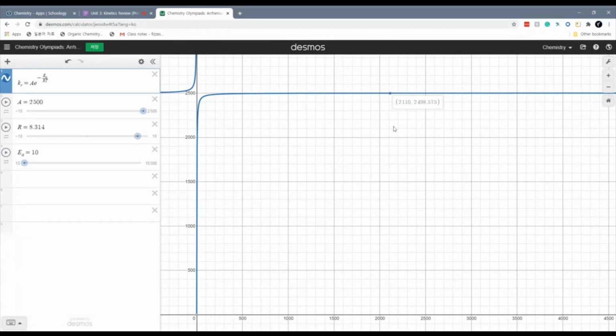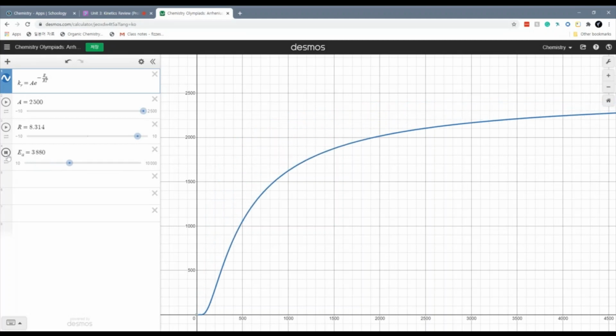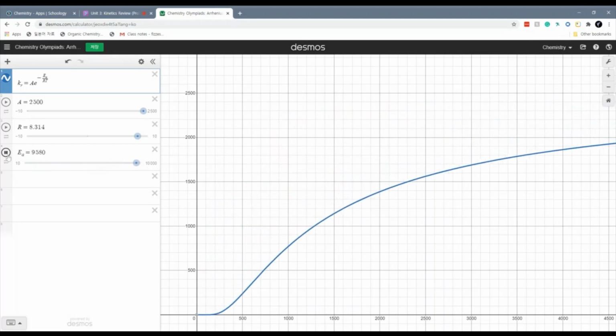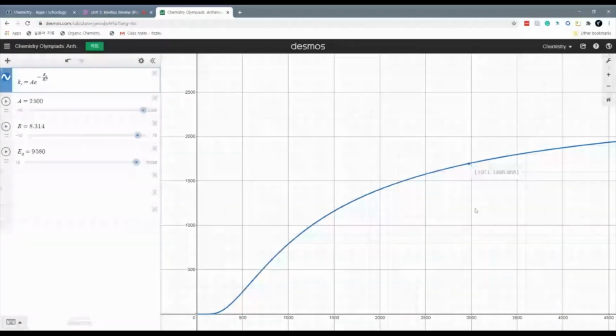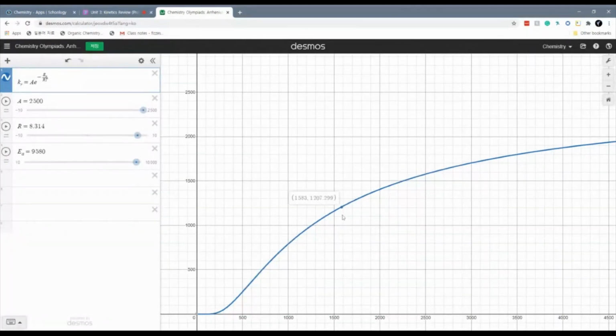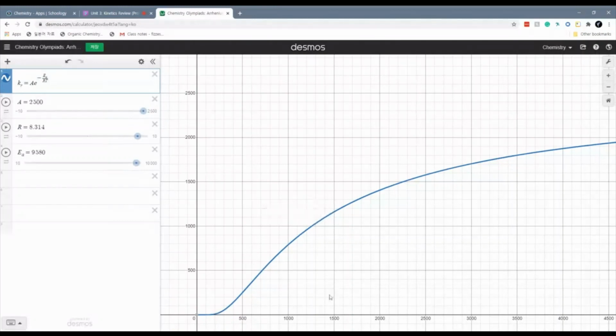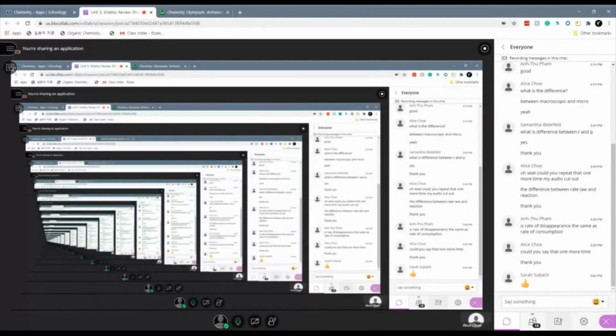But as activation energy increases, we can see that there is more curvature here. So as activation energy increases, it is more temperature dependent. Does that make any sense? Are you good?